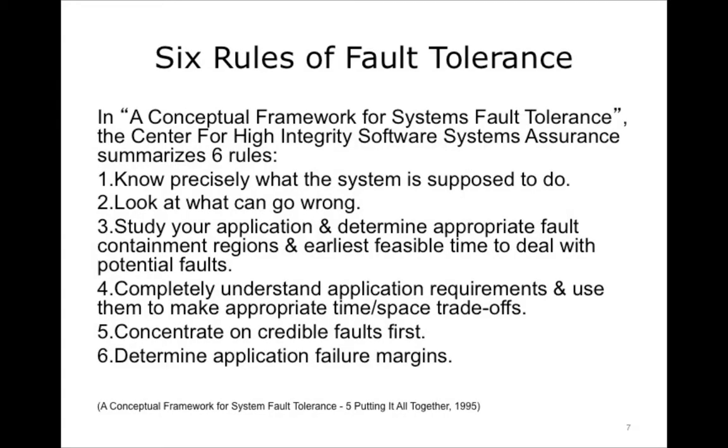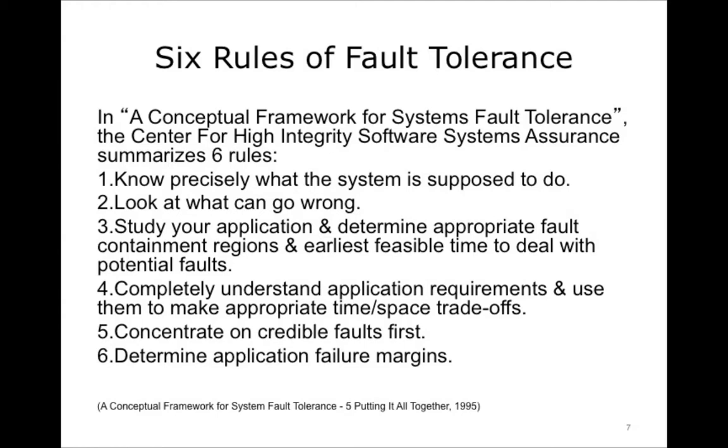Now let's discuss 6 rules for approaching fault tolerance in your system. The Center for High Integrity Software Systems Assurance summarizes 6 rules for ensuring fault tolerance. These are: know precisely what the system is supposed to do. Look at what can go wrong.